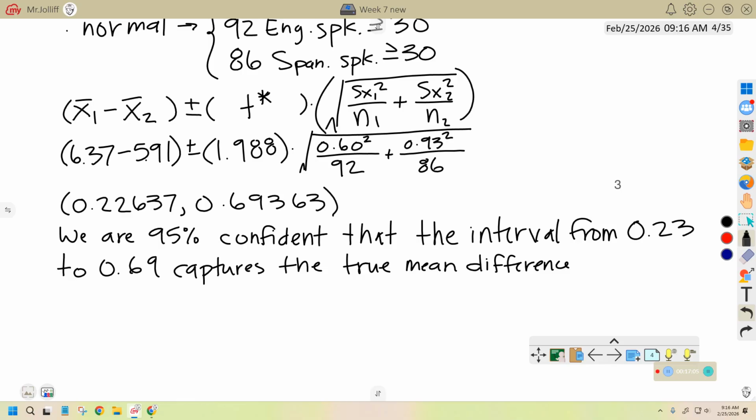So what were the two means we were comparing? Reliability ratings, yeah. So the true mean difference in reliability ratings for English speakers and Spanish speakers at the bank.